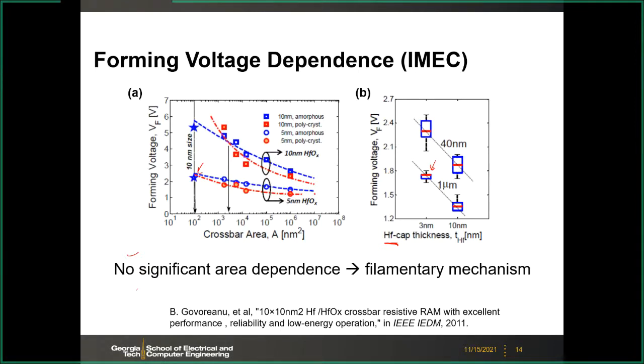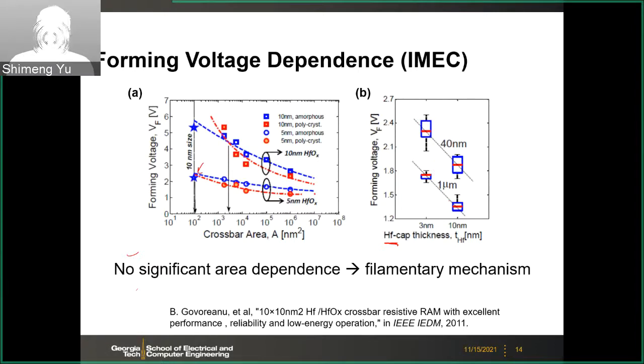Oh, sorry, I interpreted this wrong. So the capping thickness either 3 nanometer or 10 nanometer. If you have 10 nanometer thicker capping layer, you get more oxygen, then you get lower forming voltage. And here those two dimensions are the device dimension, like 40 nanometer by 40 nanometer, or 1 micron by 1 micron.